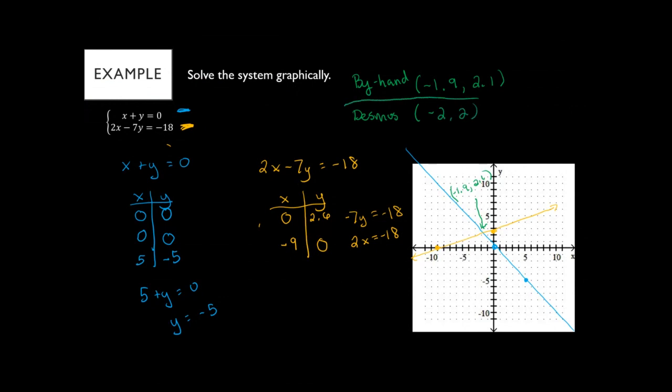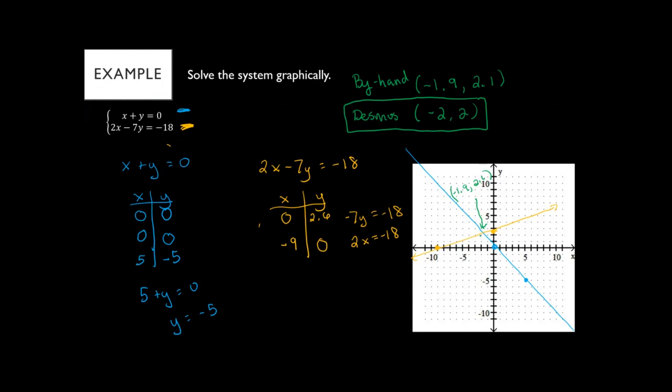And this shows you one of the cons of graphing by hand, because when you graph by hand, if your lines are not exact, you're not going to get the right answer. You get close to it, but it may not be the right numbers. So if you rounded mine to whole numbers, I get -2, 2, but my graph doesn't go through that point because that would be right here.